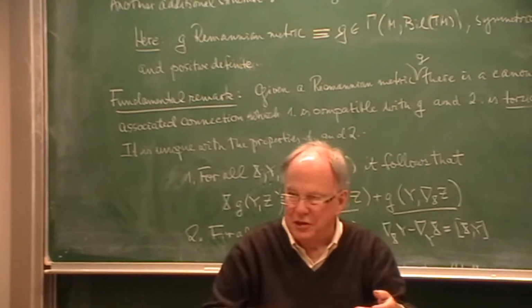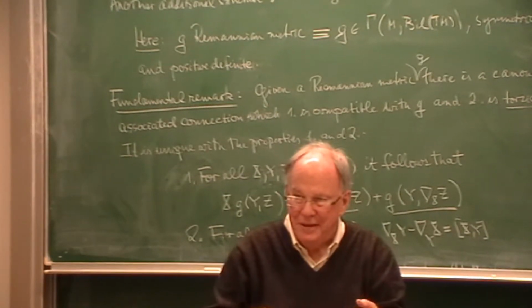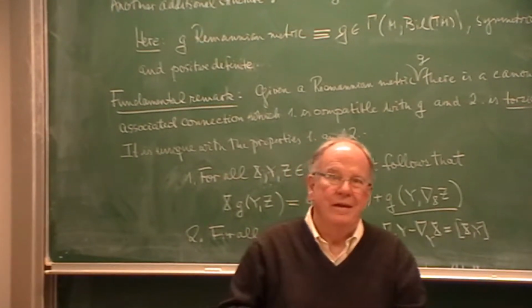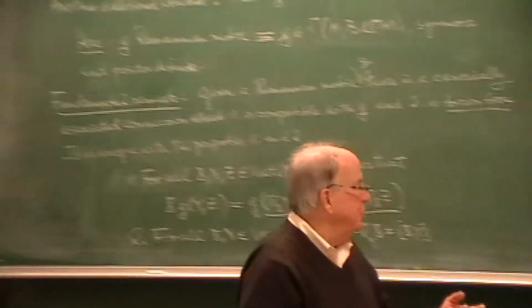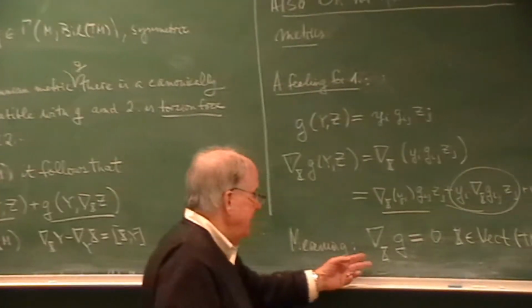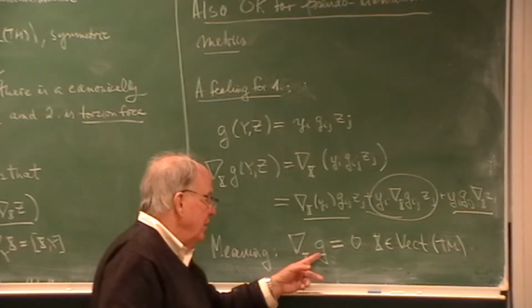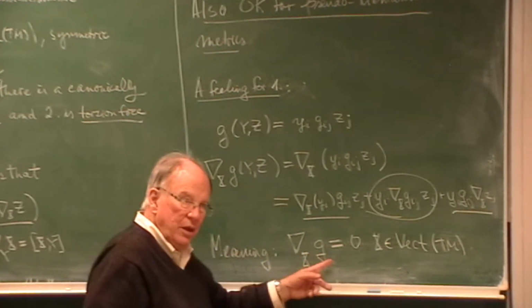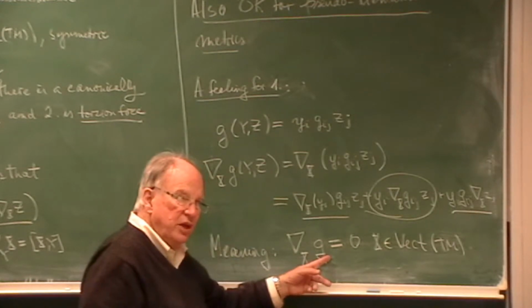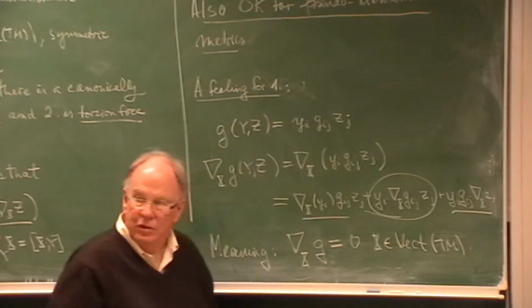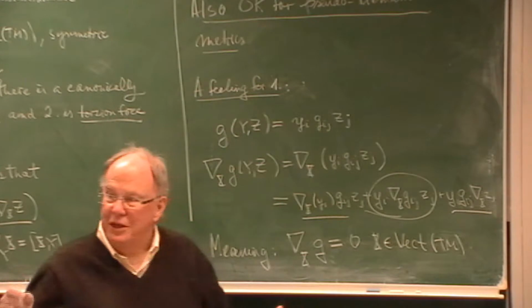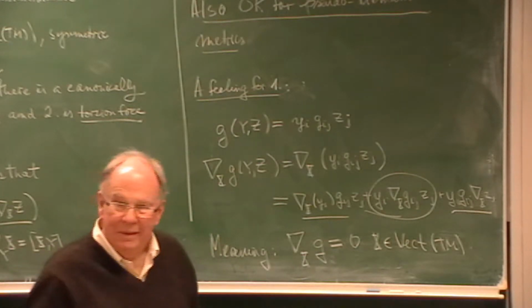There are some coefficients in there and so on, but don't worry about it. It's saying that if covariant differentiation of the metric makes sense, it means that this connection is 0 on the metric. This means this metric is constant with respect to this connection. Whatever that means.